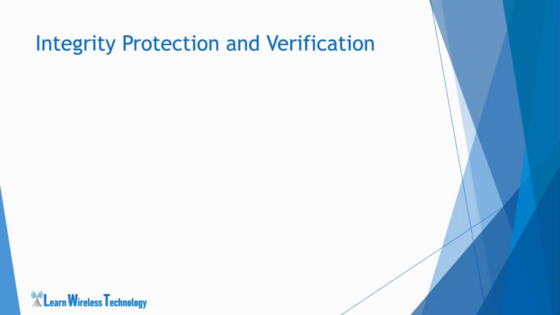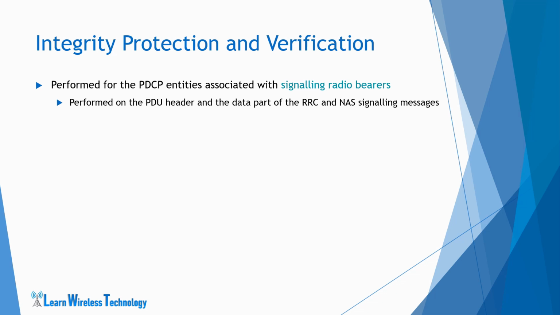Next procedure is the integrity protection and verification. PDCP performs the integrity protection and integrity verification for the PDCP entities associated with signaling radio bearers. The integrity protection is performed on the PDU header and the data part of the RRC and NAS signaling messages carried by signaling radio bearers before ciphering is done on them.